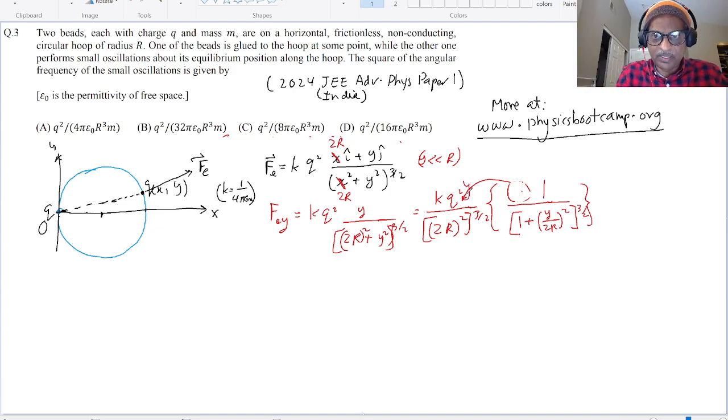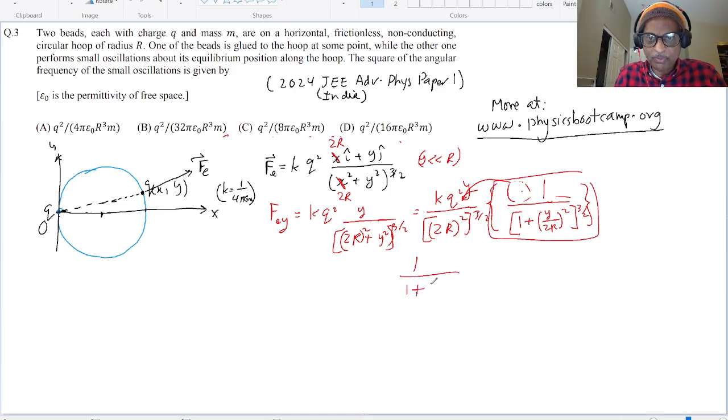And this whole thing is like 1 over 1 plus epsilon, some small quantity, to the power 3/2, which, if you expand it, equals 1 minus 3/2 epsilon plus higher terms. Epsilon is small, so you can just keep up to there.